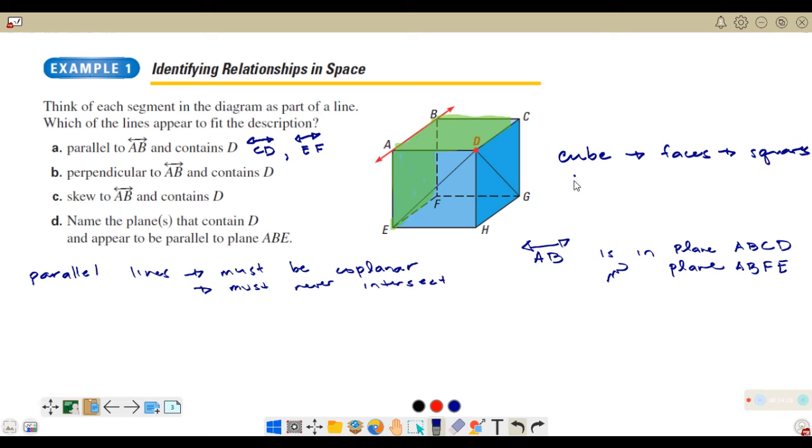Pag sinabi nating square, adjacent sides are perpendicular. So, ito naman yung symbol natin for perpendicularity. Ayan. Parang bubuo sila ng 90 degrees.